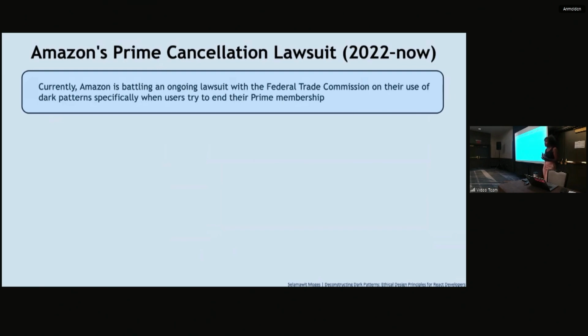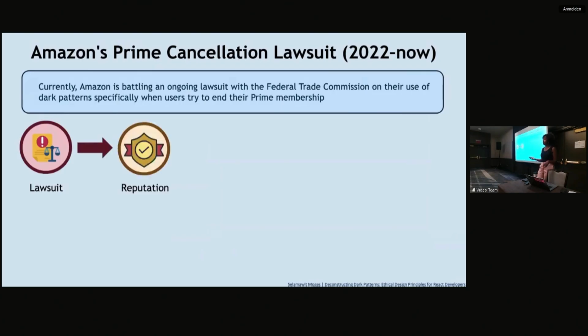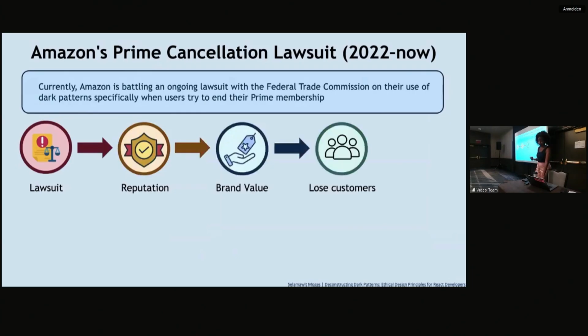Now, why does this matter to the brand? How does this affect the bottom dollar? Let's take a look. So this lawsuit can go two ways, right? They either win or they lose. So let's go through the path of if they actually won this lawsuit. Well, it still affects their reputation, which in turn affects their brand, which, as we spoke, those two things affect them, causing a loss in customers.